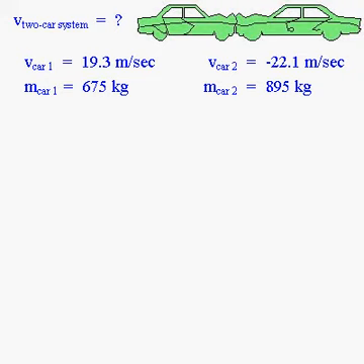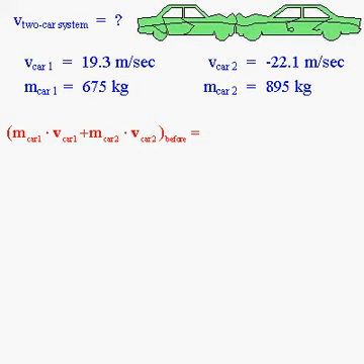Now, the key to solving this problem is to realize that the momentum before the collision has to equal the momentum after the collision. So the mass of car 1 times the velocity of car 1 plus the mass of car 2 times the velocity of car 2 before the collision has to equal the momentum after the collision. Well, what's the momentum after the collision?